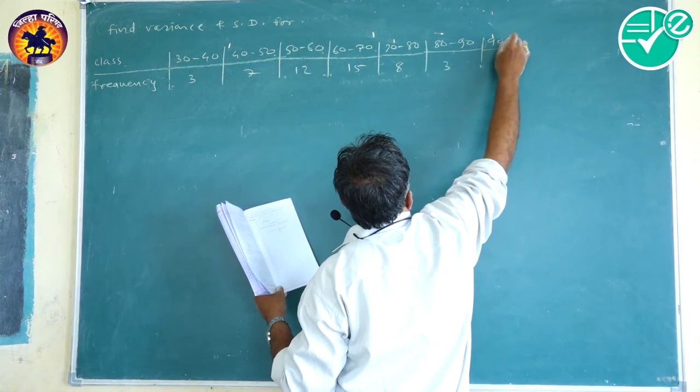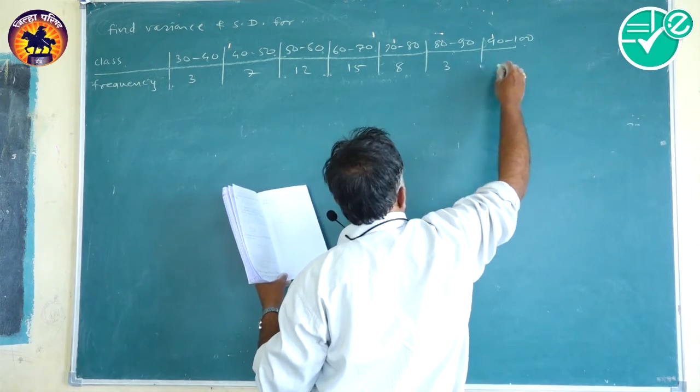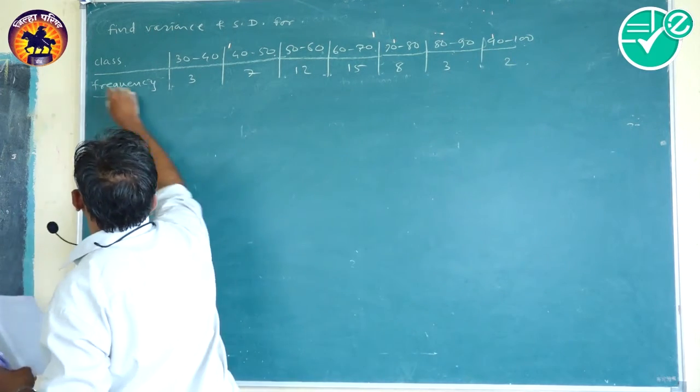And lastly, 90 to 100, the frequency is 2. This is the given data.